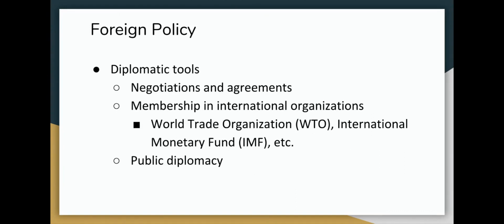Looking at the tools of foreign policy, we have diplomatic tools, which include coming to agreements through negotiation and public diplomacy. Some world organizations that help with that are the World Trade Organization and the International Monetary Fund. You could also use the UN.